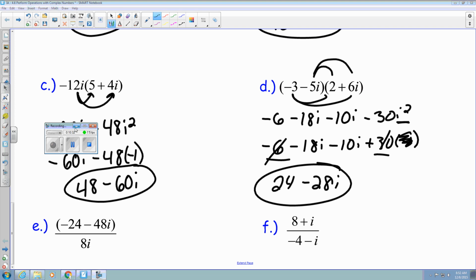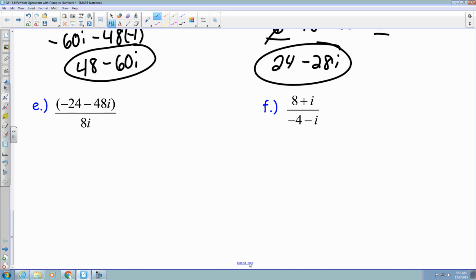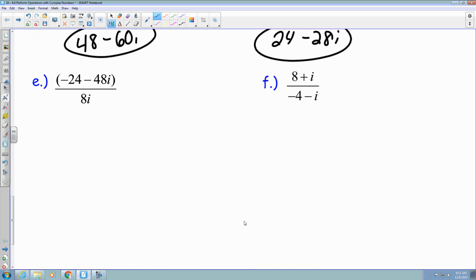All right, let's take a look at example E. Example E talks about what we looked at at the top, where it says we can't have i in the denominator. When you have a single term like 8i, all you have to do is get rid of the square root. In this case the square root is i, so you multiply both the top and the bottom by i.